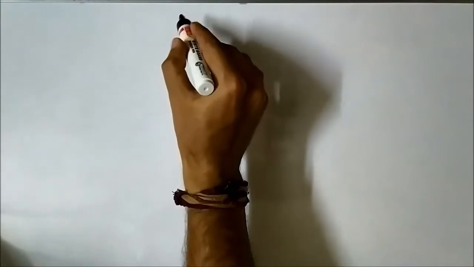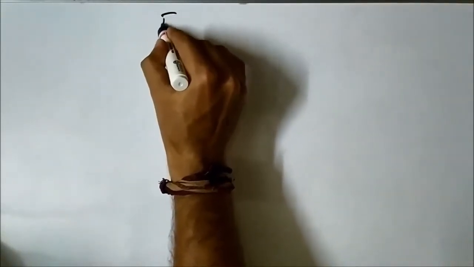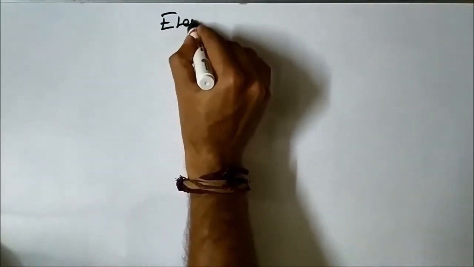So in this video we are going to focus our attention on specific elementary signals that we deal with in the analysis of systems. The topic of today's discussion is basic elementary signals.